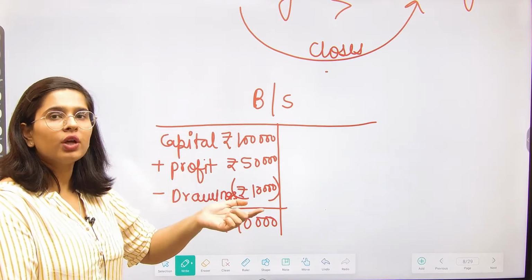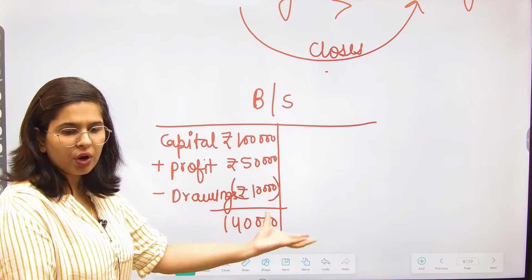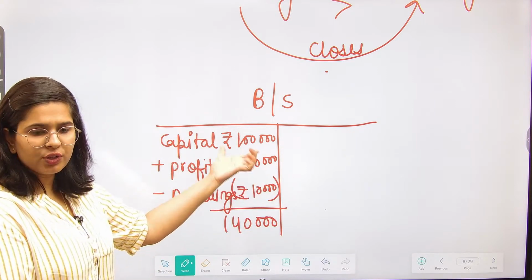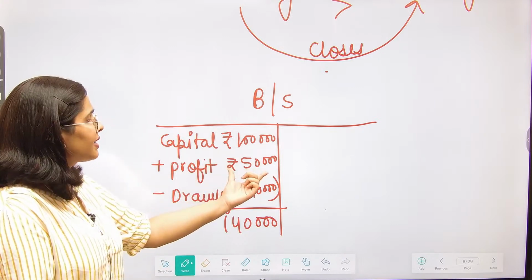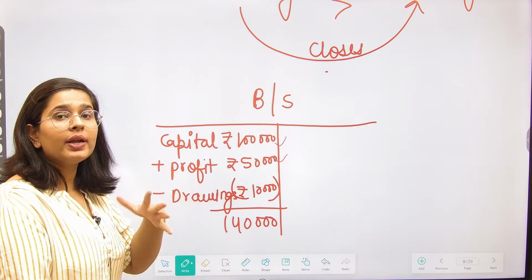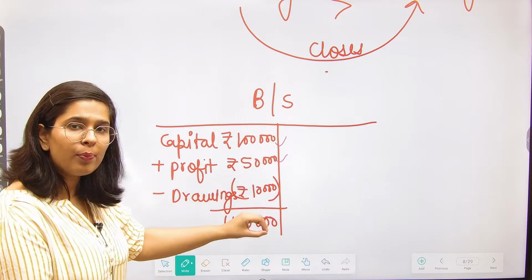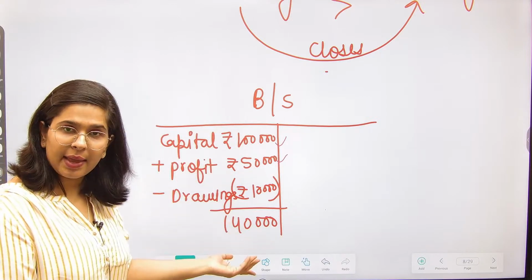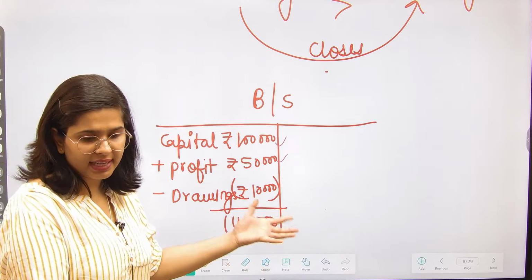Now it depends on the owner how much amount he wants to take out of the business, right? The business has given everything to the owner. 50,000 is what the business has earned, and it has given everything to the owner by adding it here. Now it's up to the owner what he withdraws out of it. If the owner withdraws the whole profit, then less 50,000 will happen and capital will remain the same. If the owner withdraws just 40,000, then the capital will become 1,10,000.